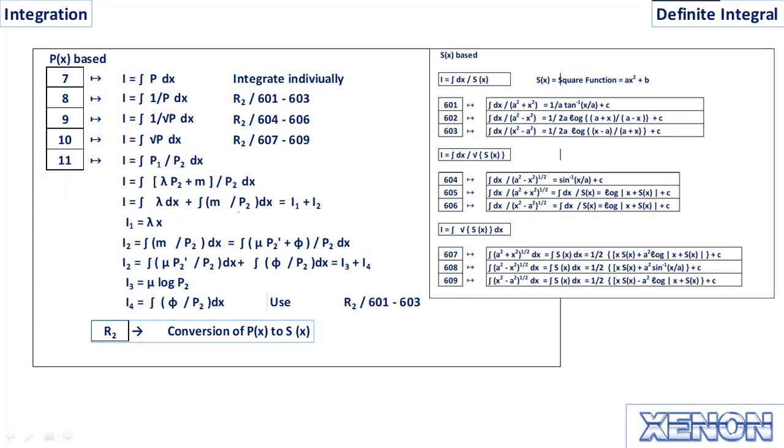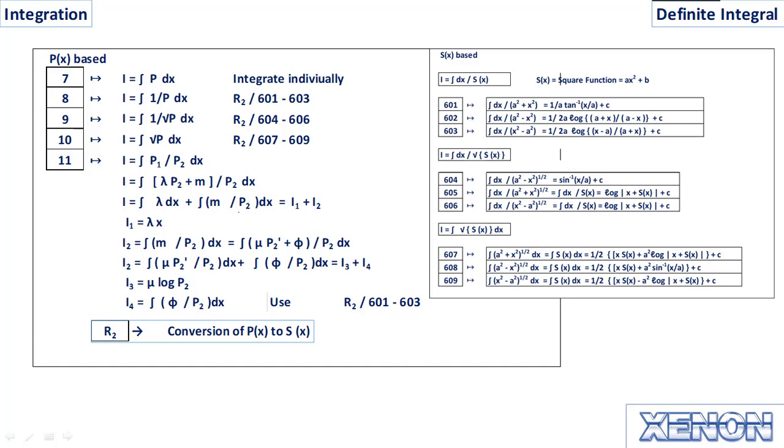So when we will be dealing with px based, actually integration of p into dx, we will integrate it individually. How?